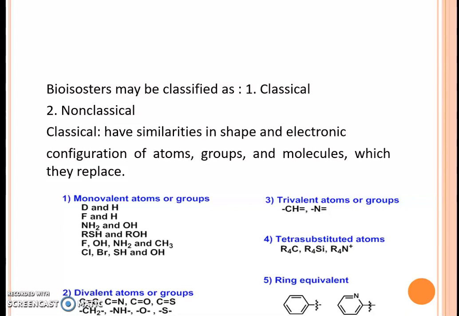Trivalent atoms or groups are CH and nitrogen. Similarly, you can see tetrasubstituted atoms and ring equivalents. Benzene ring and pyridine ring are bioisosters.